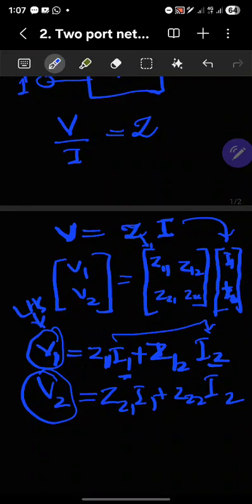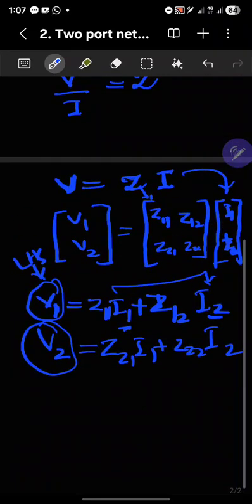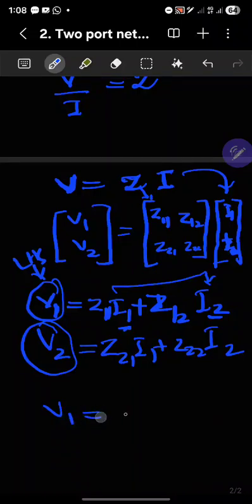So this is one expression for Z parameters. Next, what is Z11 from here? It's very easy. We have written here V1 is equal to Z11 I1 plus Z12 I2. To get Z11, this second term should be 0.